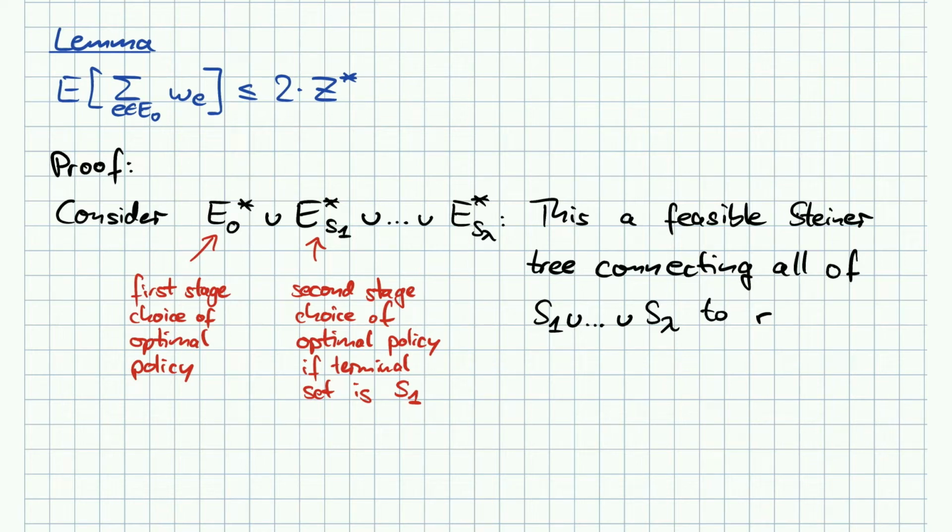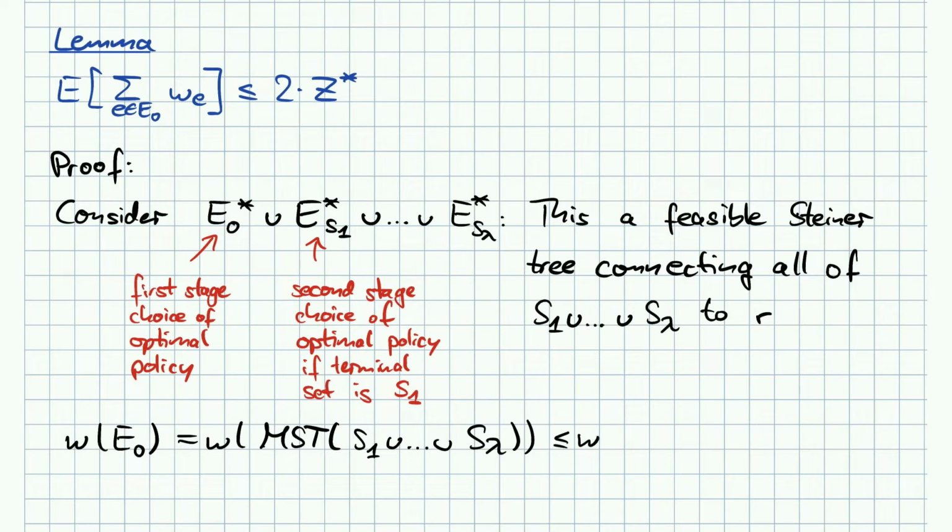So what we now have is that the weight of our choice for the first stage, which is nothing but a minimum spanning tree on S1 through S lambda, is at most 2 times the cost of a minimum Steiner tree connecting all of them.